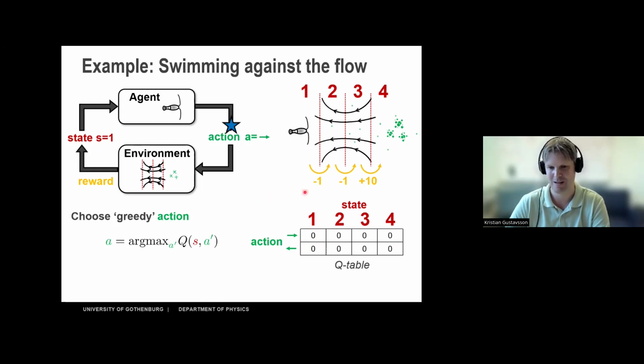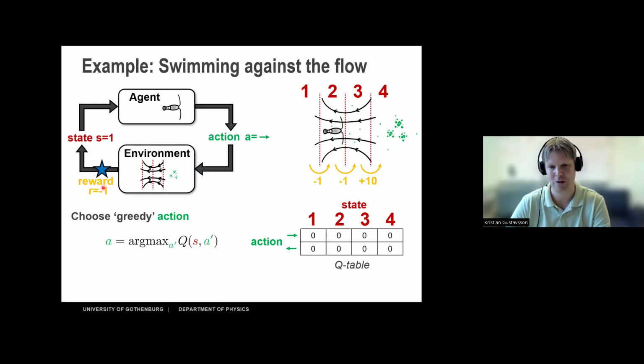Going to the left doesn't really matter. We will just get back here. So we wait until we randomly go to the right. Then we interact with the environment, and that is to move to state 2. And then we get the reward. That was a -1 because we spent energy swimming against the flow. And now we learned something.